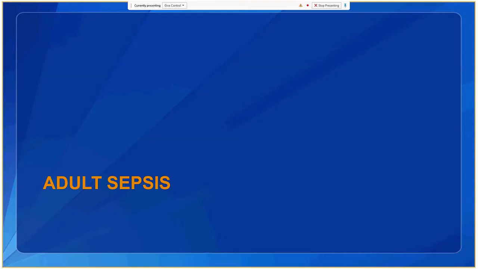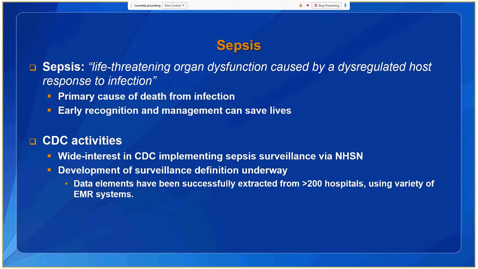Thank you very much. If we go to the next slide, please. So sepsis is defined as a life-threatening organ dysfunction caused by a dysregulated host response to infection. So if you have an infection that progresses out of control, it will then progress to sepsis and then subsequently death.